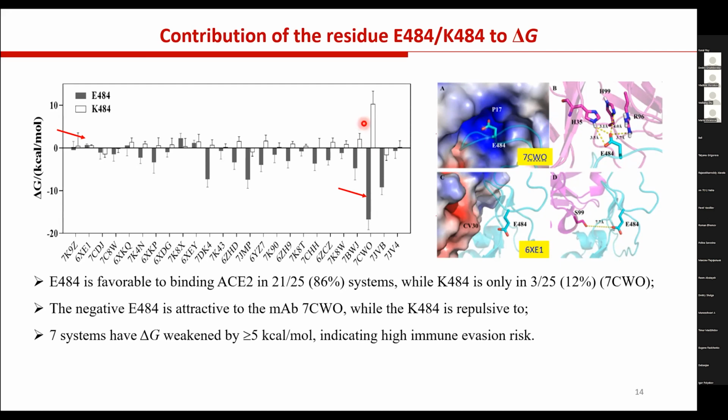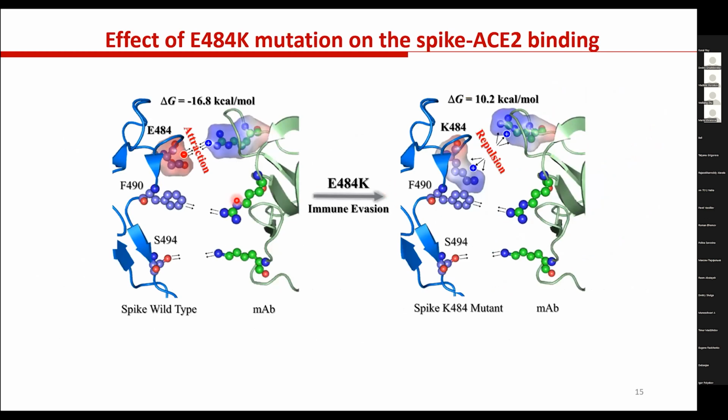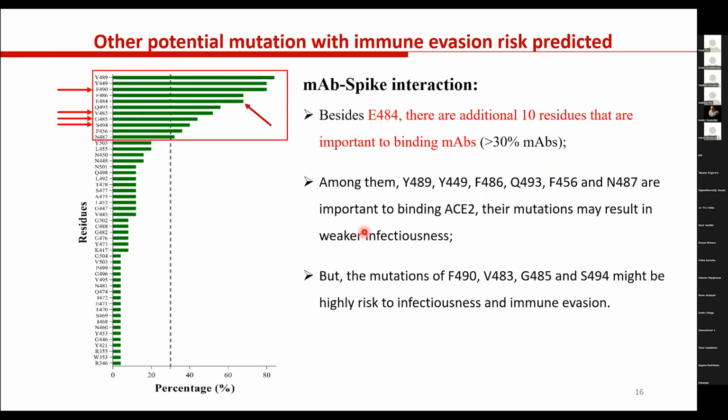It becomes a repulsive interaction, leading to this very high repulsion. So this is the reason why the mutation may lead to some immune evasion risk. We show the picture: the wild type spike protein attracts the monoclonal antibody, and after the mutation, this attraction becomes repulsion.